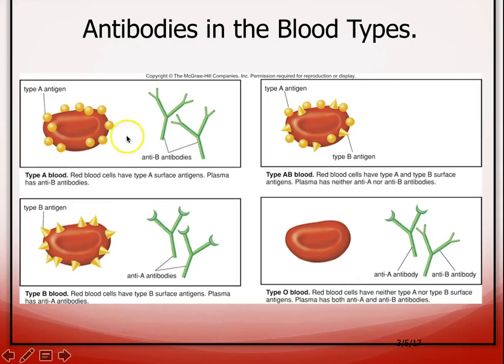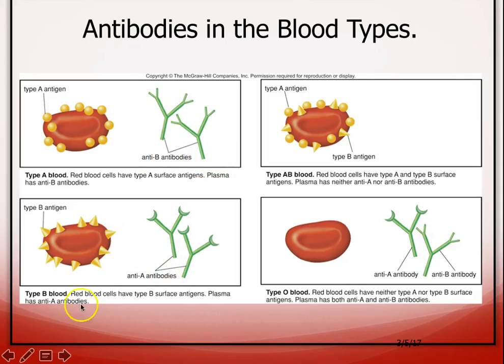Okay, so let's take a look at this type A negative blood here. We are type A, right? We have the A antigen. That means the thing that is not us is B. So we have these type B or anti-B antibodies, right?